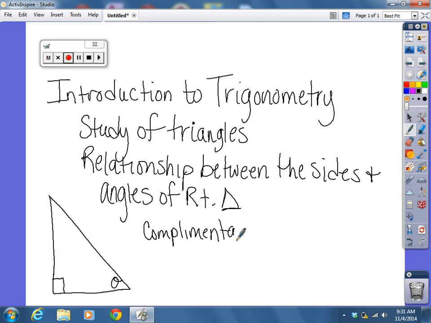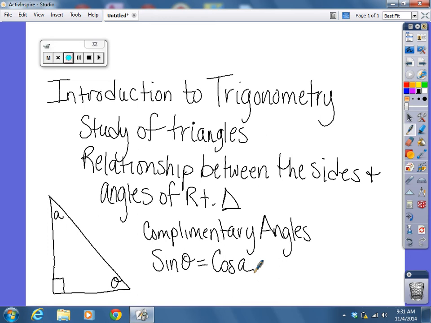Complementary angles. When you talk about complementary angles, if I'm looking at theta, I have sine of theta. I know that the other angle, let's just call it A, I can do cosine of A, and those two things will equal each other when you put them into the calculator.